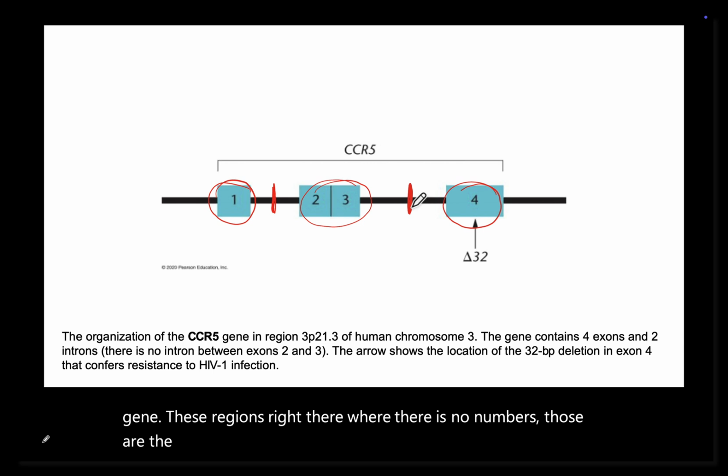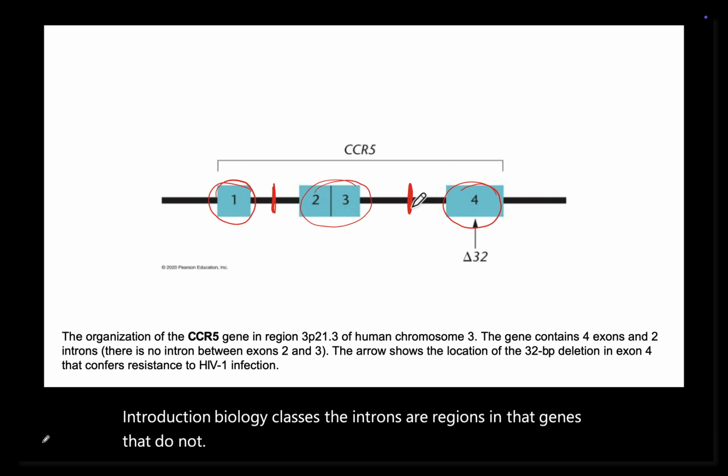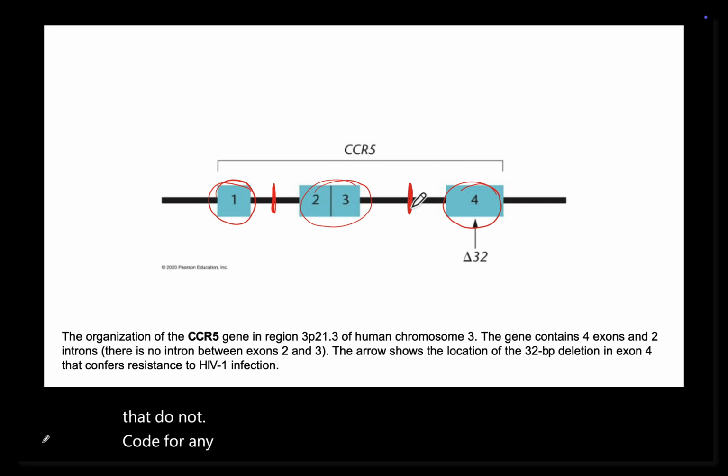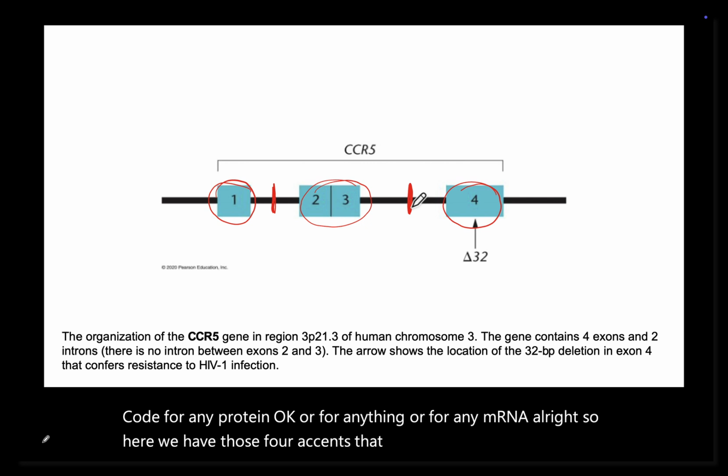As you might recall from your introductory biology classes, the introns are regions in the genes that do not code for any protein, or for any mRNA. All right, so here we have those 4 exons that will code for an mRNA.